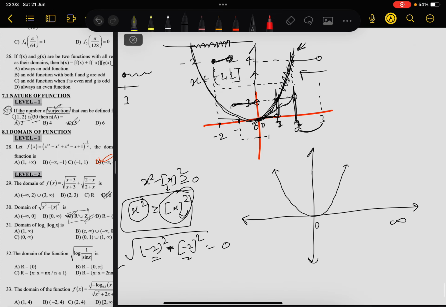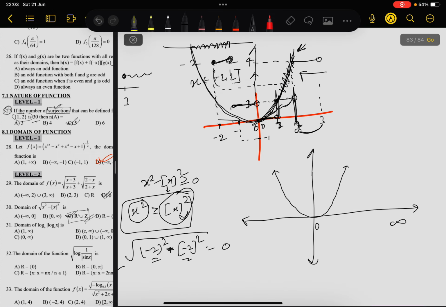On this side, if you observe the graph, we need to modify it because we are drawing on the same Cartesian plane. So this is 1. For x equals to minus 1, we will get minus 1, right? So the graph will be like this. For x equals to minus 1, square of minus 1 is 1.